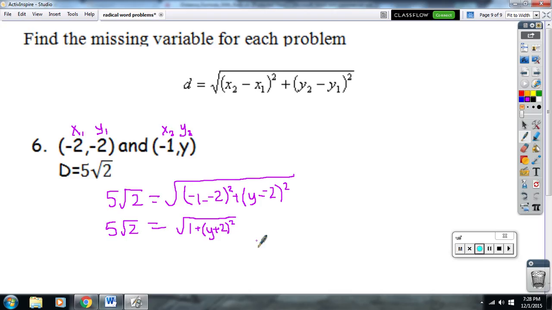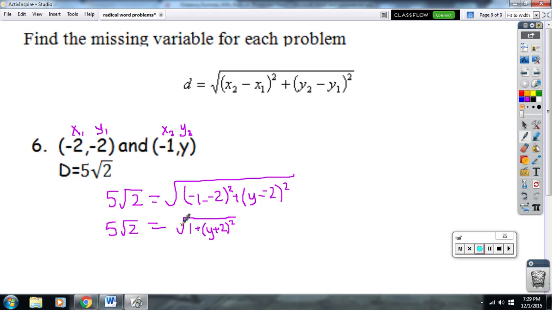Now, what we've learned is that if I have a radical and I want to solve for a variable inside the radical, the way that I get rid of it is by doing the inverse operation. In this case, it's the square root. What we learned with radicals is the inverse is to raise each side of the equation to a power equal to the index. Square root has an index of 2.